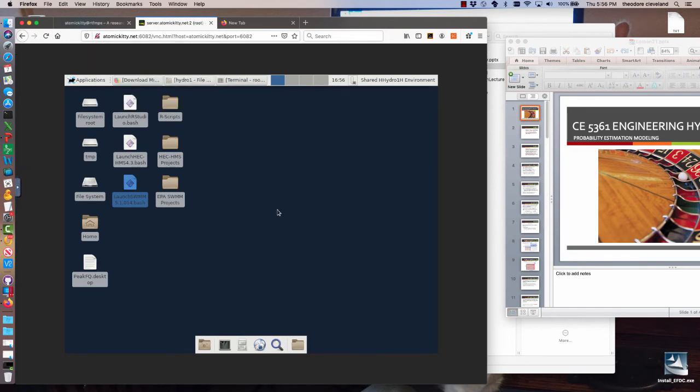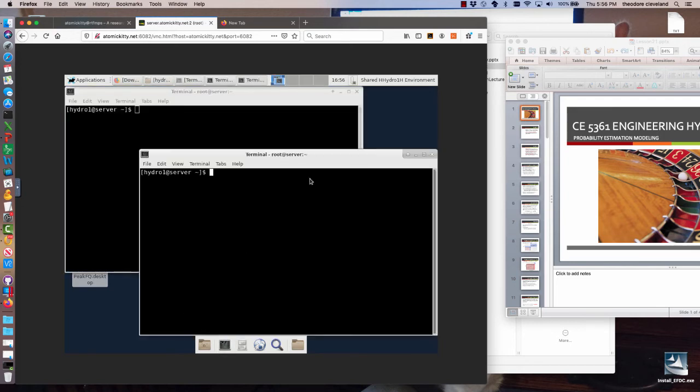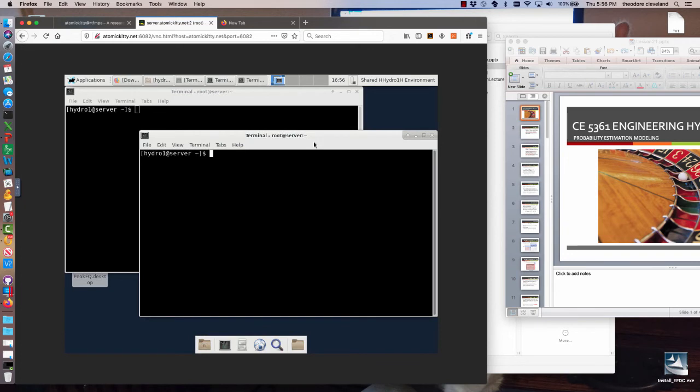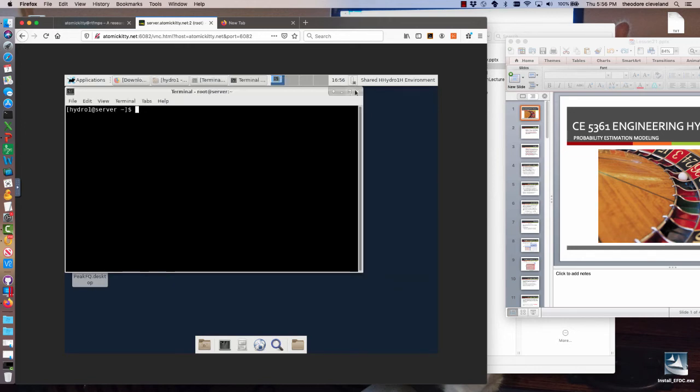Here's our shared space, and I've moved the Beargrass Creek data up to the server using the Moodle site.